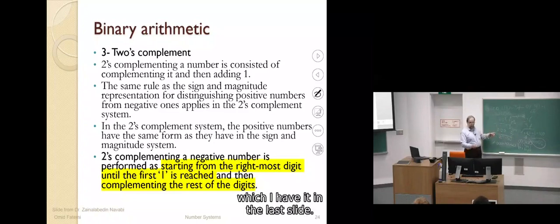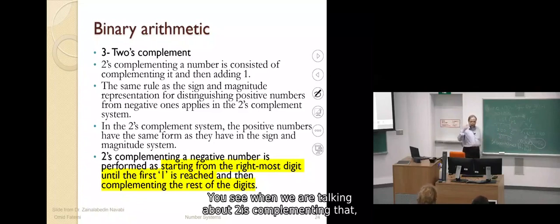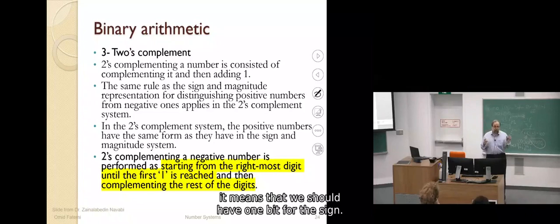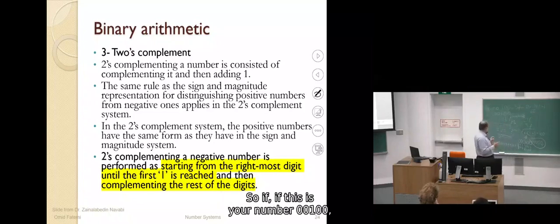Here I could say something which I have in the last slide. When we are talking about 2's complementing, it means that we should have 1 bit for the sign. So if this is your number 00100, then you 2's complement, it becomes this.